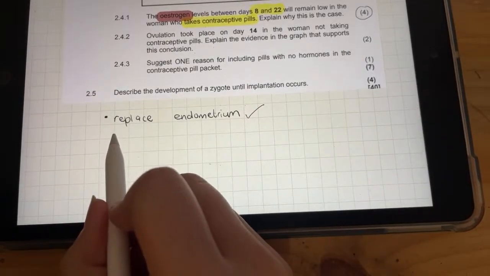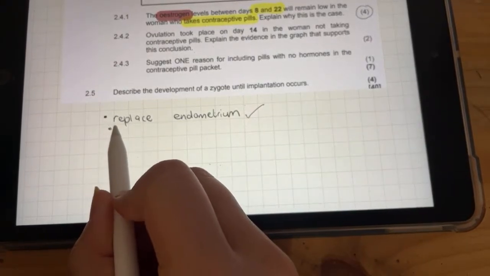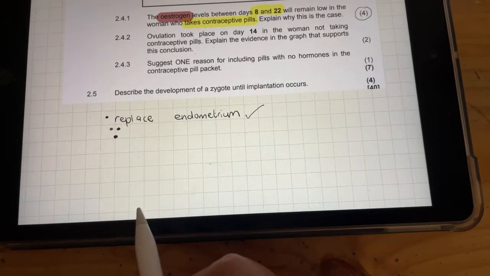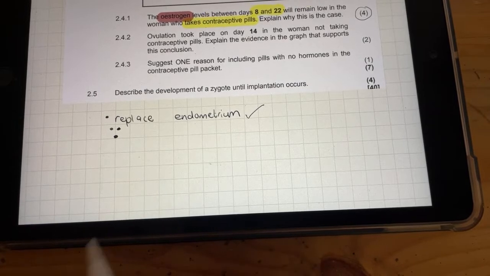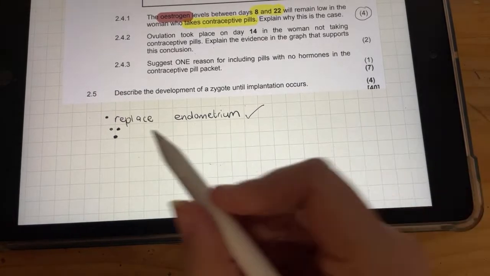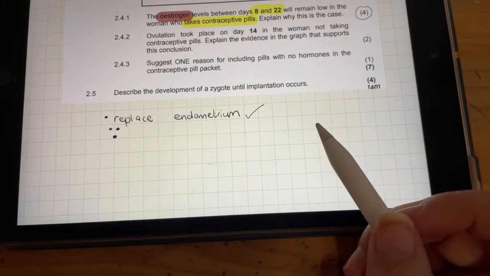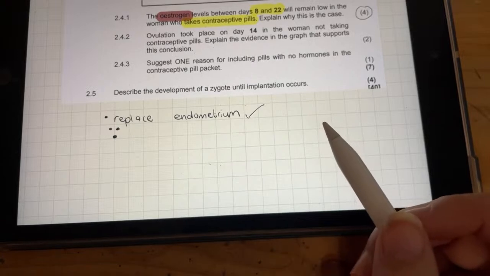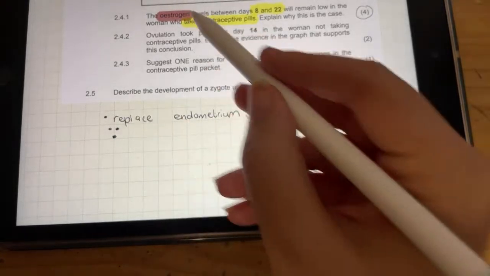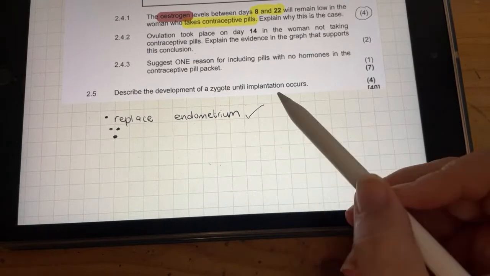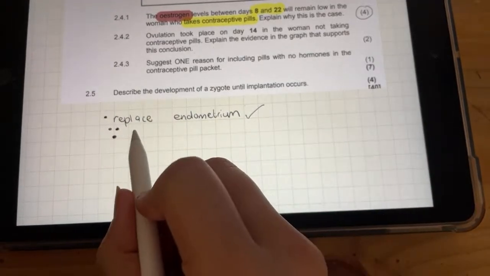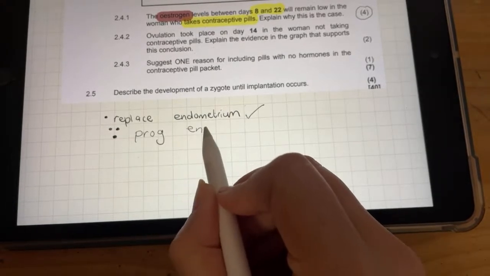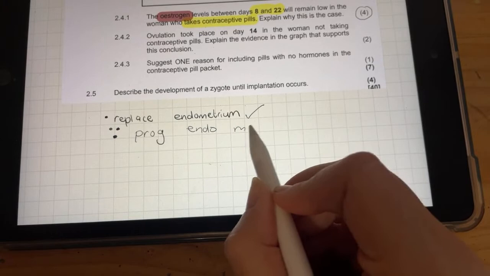However, right? And so that's the point here. This is a however sign. Okay, however, if she's taking progesterone, we don't need estrogen because her body thinks it already has an endometrium layer, right? So now you have to explain that, well, estrogen is secreted to replace the endometrium. However, if there is progesterone being released, the endometrium will be maintained.